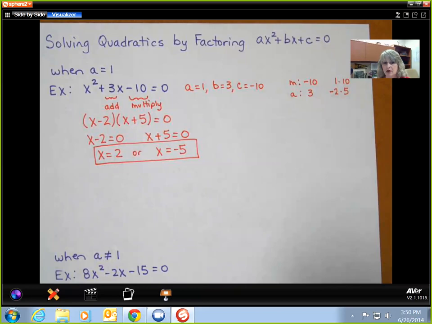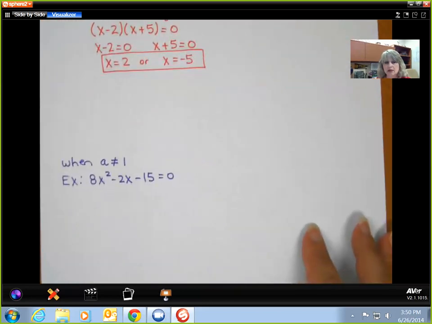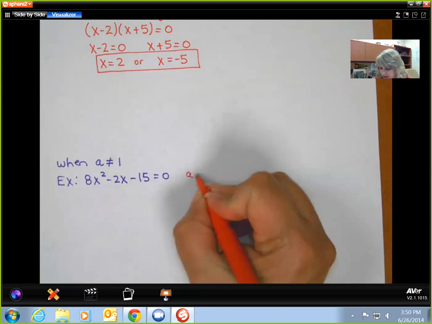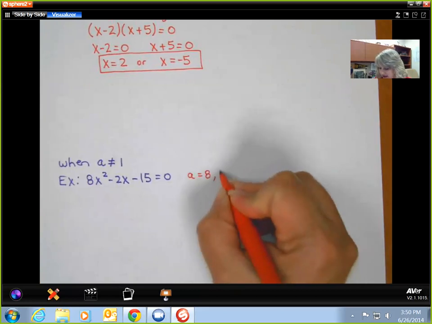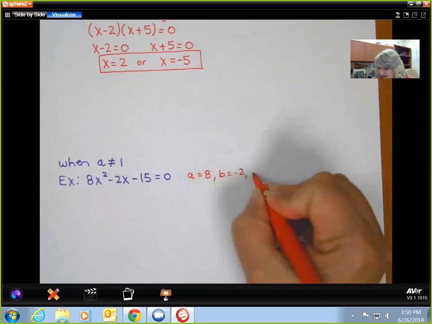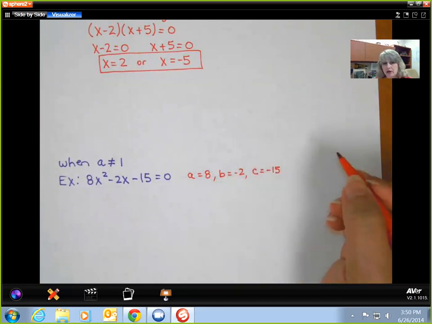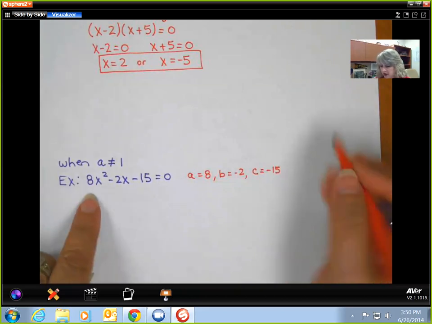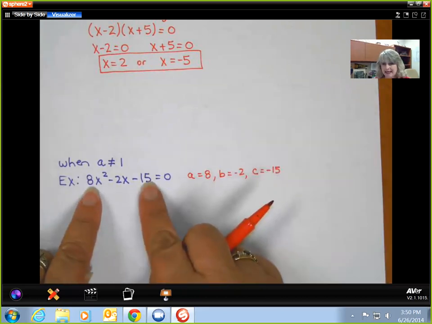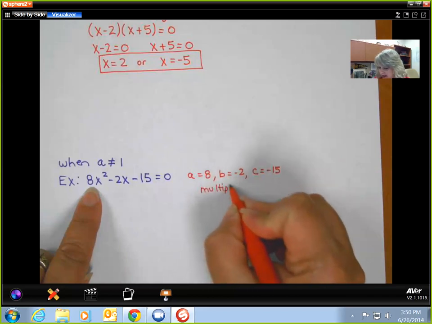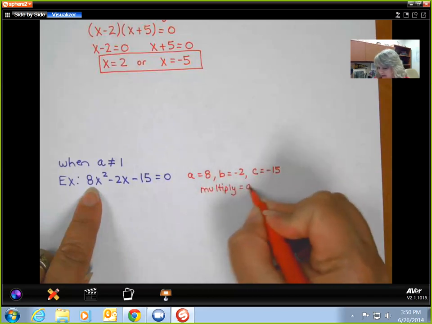All right, now the difficulty comes in when you have an a value that's not a 1. So let's look at this next problem. When a is not a 1, notice my a value is going to be 8. My b value is negative 2, and my c value is negative 15. So here, when my a value is not a 1, I have to think about numbers that multiply to be a times c.